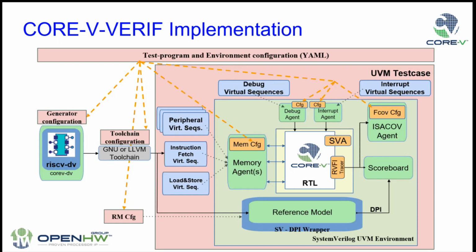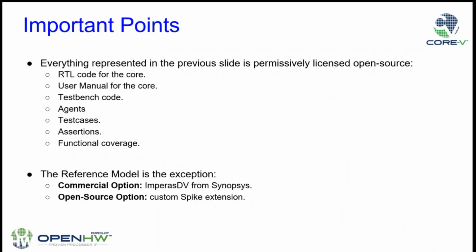On top of all that is a YAML description that keeps the generator, the tool chain, and the UVM environment all consistent. You have to have a common memory model, for example, to make this run. Some important points. Everything represented on that picture is a free and open source artifact, except for the reference model. That's the one exception.